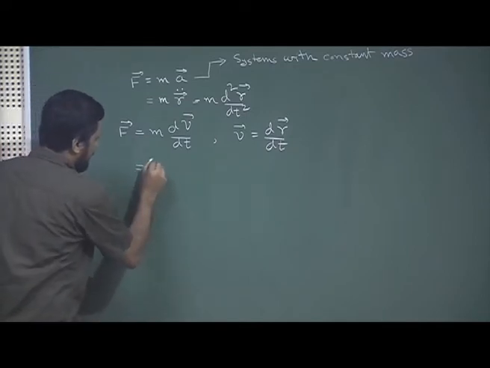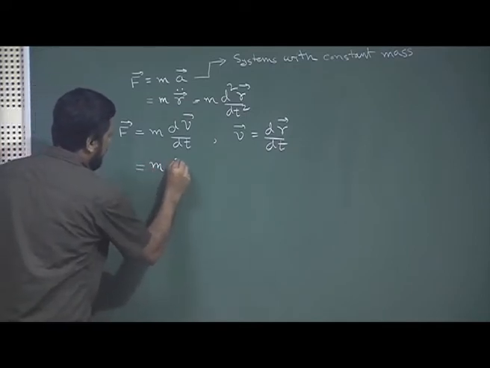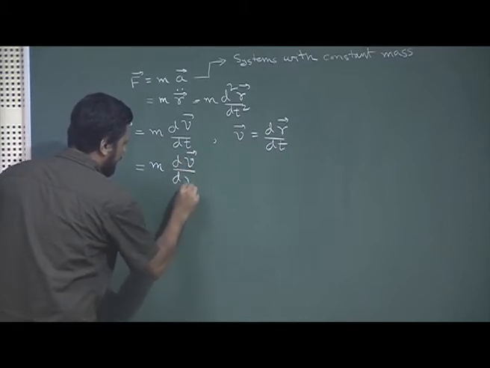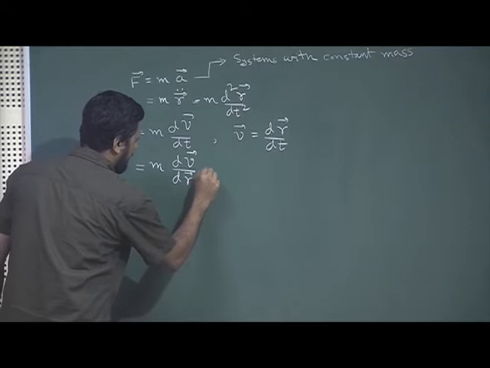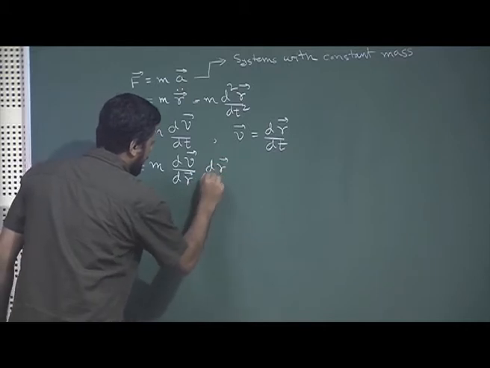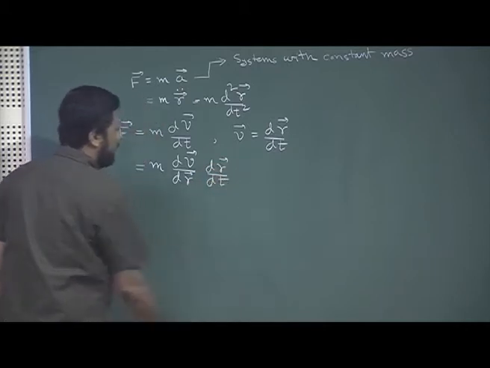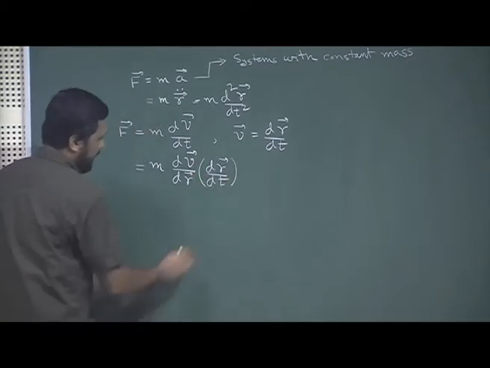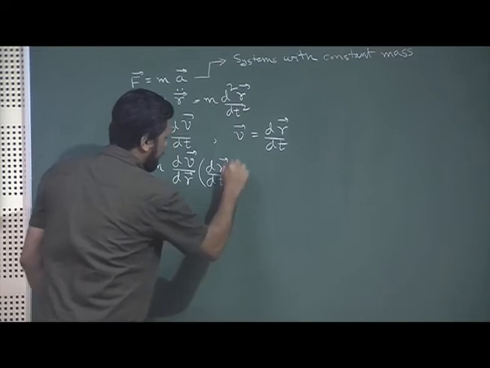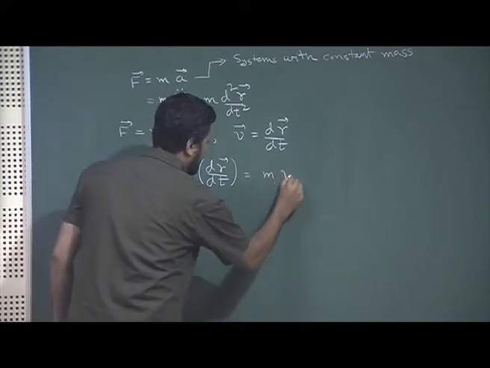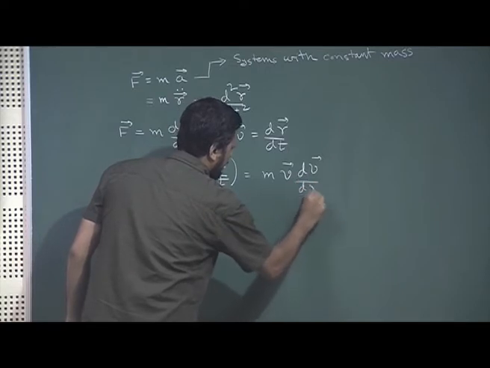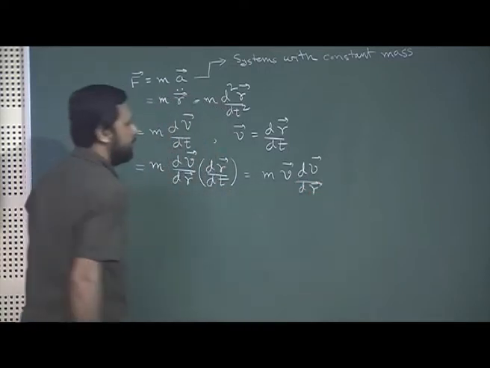And then we can slightly rearrange it once again, and we can write this as m dV/dr into dr/dt. Okay. Now, if you look at this term here, this is nothing but your V. So, this can be written as mV dV/dr. Okay.